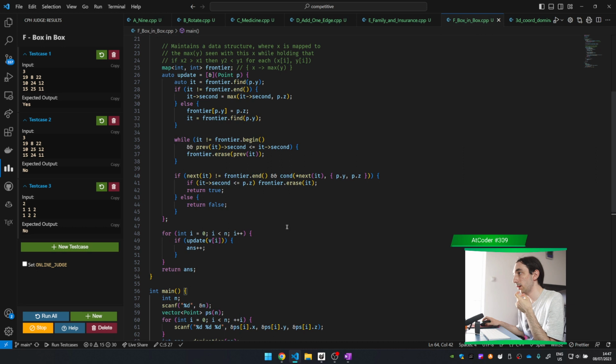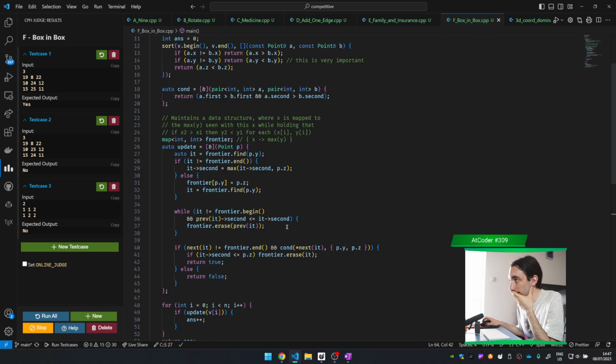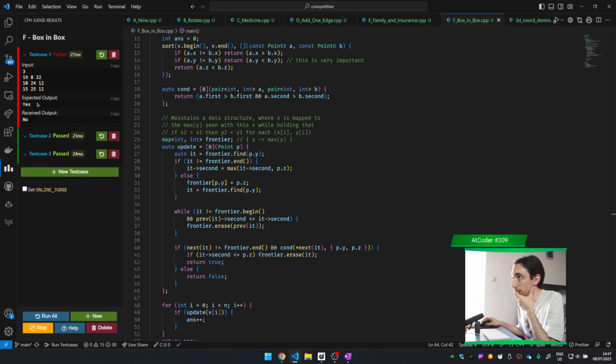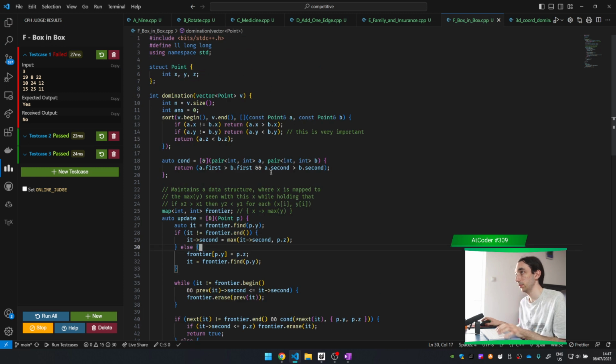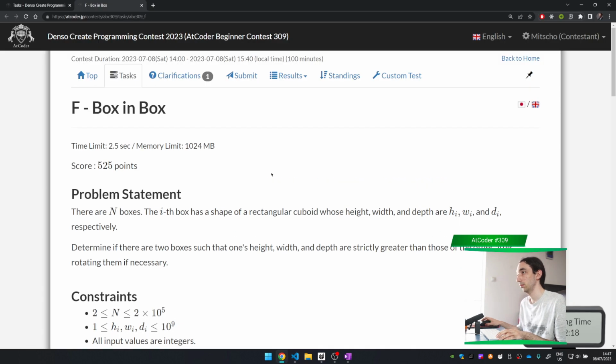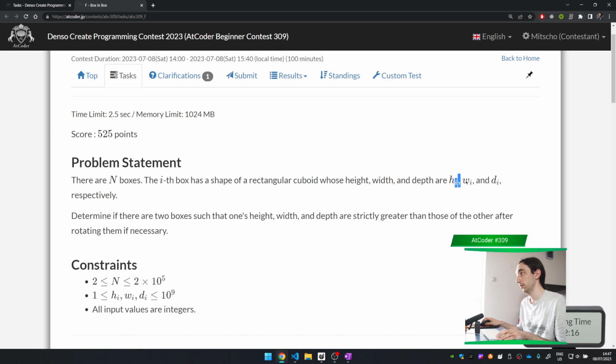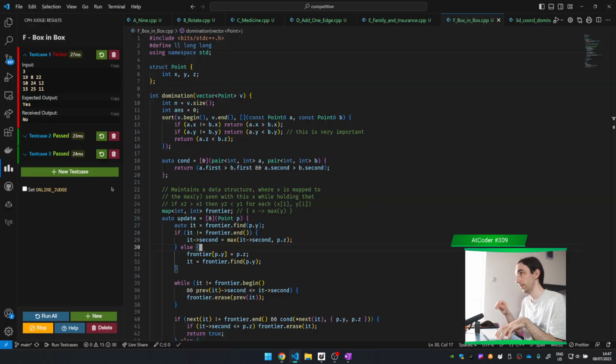Okay, so now it's not only about, actually, this won't quite work because it will say no, but now you could rotate one point and then it will say it doesn't matter the rotation of them. So rotate if necessary.